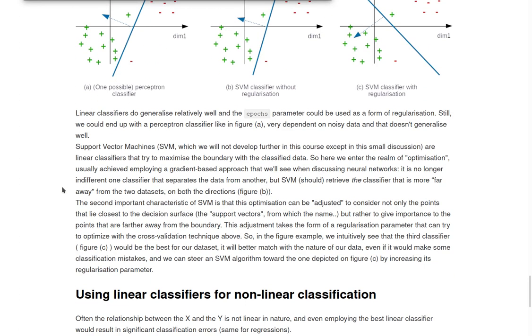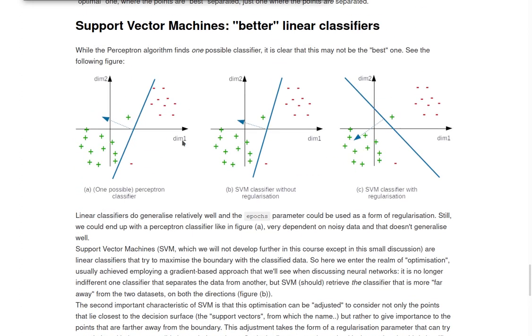Another problem is that yes, they are linear classifiers, and in general, linear classifiers generalize relatively well, and we can also use the epoch parameter as a form of regularization, as a form to decide how deep we go in our training. But still, the problem is that this clearly is not good.